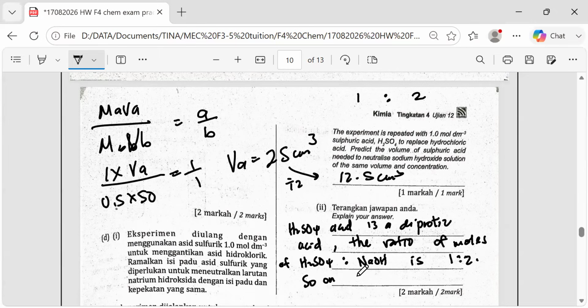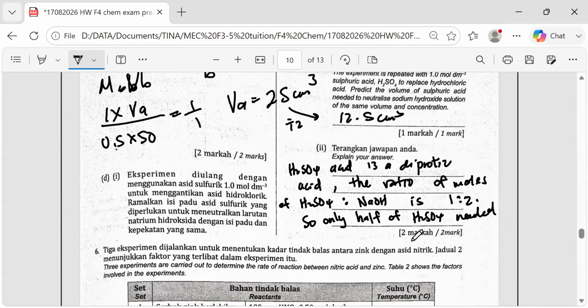So only half of the sulfuric acid is needed. Okay. Do you understand now?